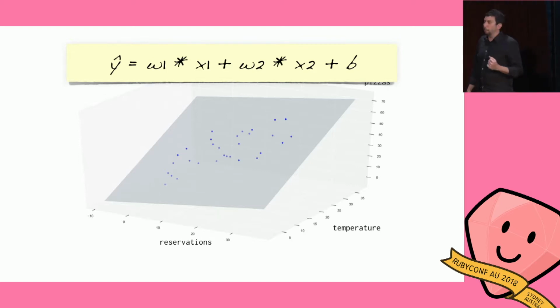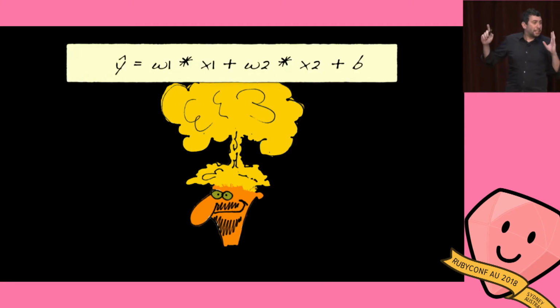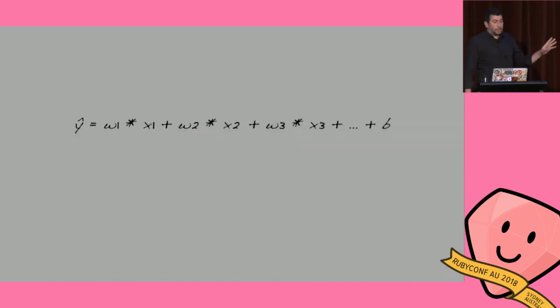If I keep adding input variables, I keep adding dimensions. Now I cannot draw a 4D chart anymore. So here is a picture of my head exploding. But the idea mathematically is exactly the same. I just keep adding x3 and w3 weights and input variables. Okay? So I have this equation.